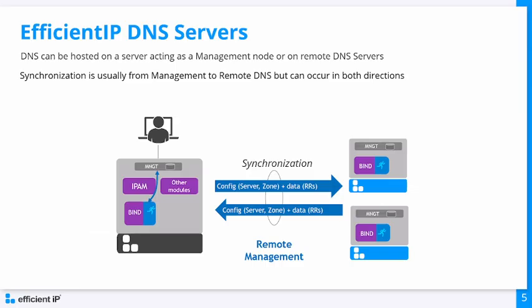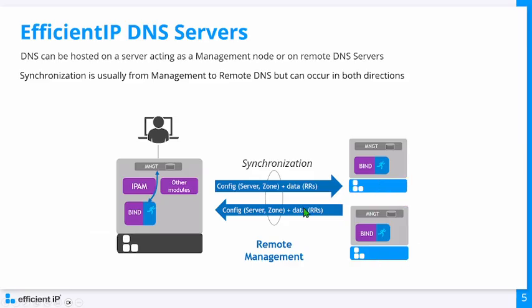Named.conf, the zone file: these are the basic configuration files you have on the bind engine. So whatever changes in the management database will be pushed to the config file in the remote DNS server.